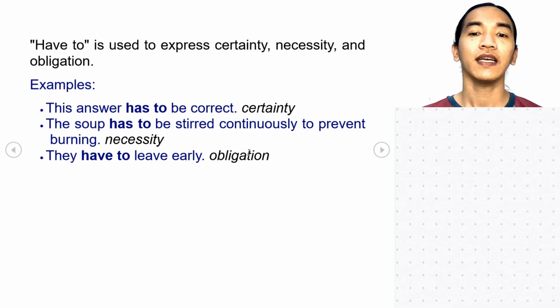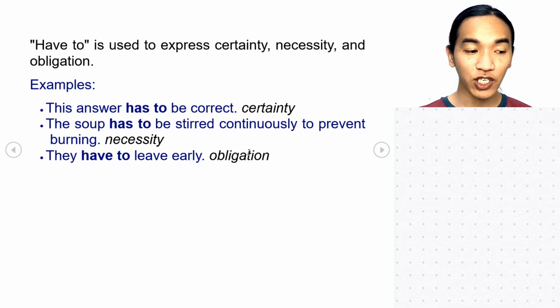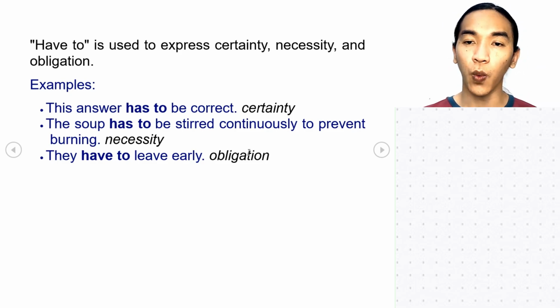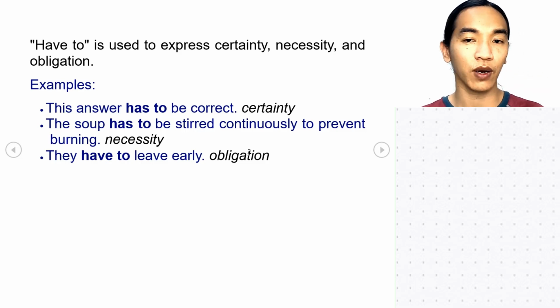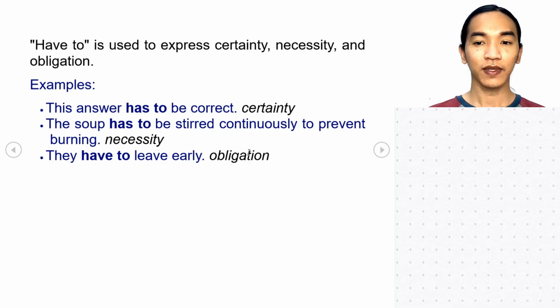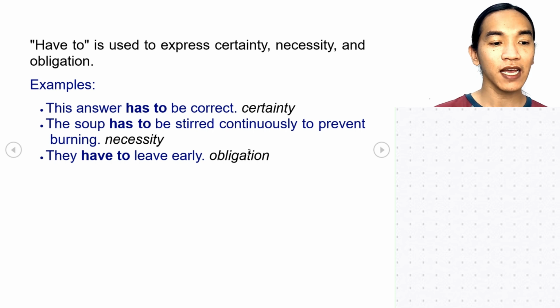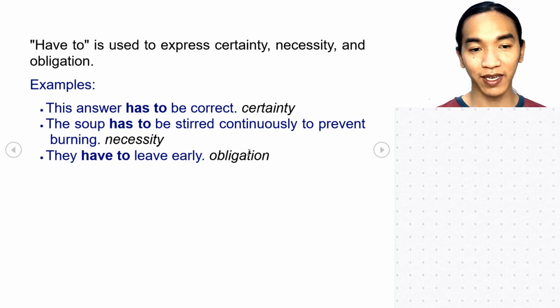Next one, they have to leave early. This is an obligation or part of their duty. Okay. So once again, there are three main situations where we use have to. It is for certainty. We also use it for necessity. All right. And also, we use it for obligation.